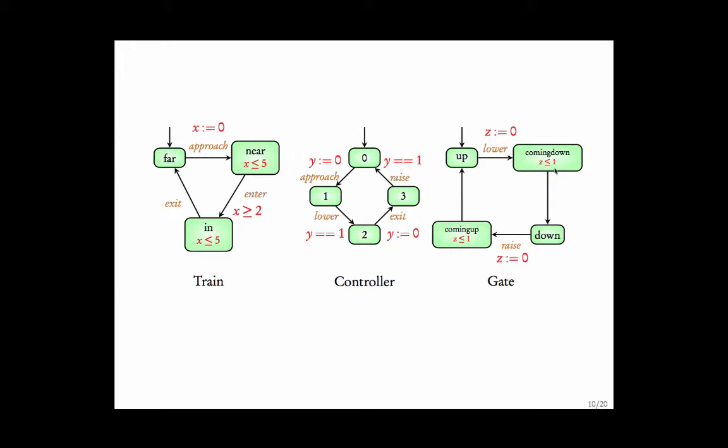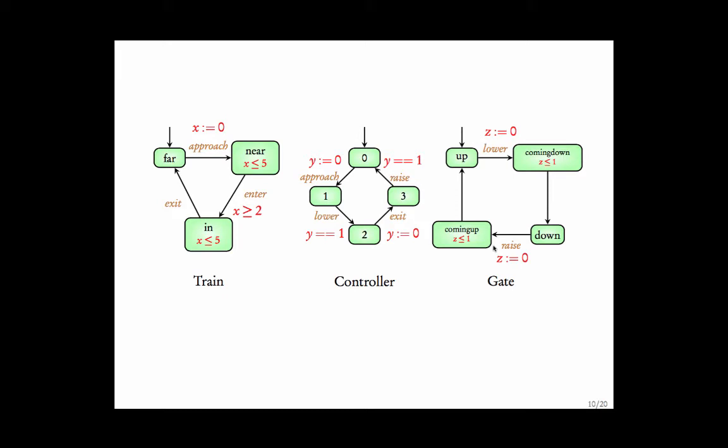Okay, and again, once the time is 1, it has to take this transition and it will go to down. Now from the down state, it can stay as long as it wants. When it listens to the raise signal, it will reset the clock z and it will go to the coming up state.